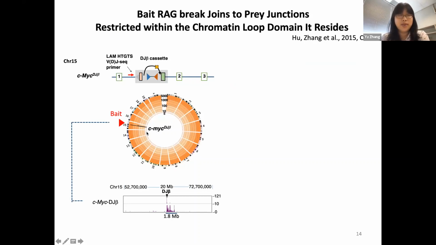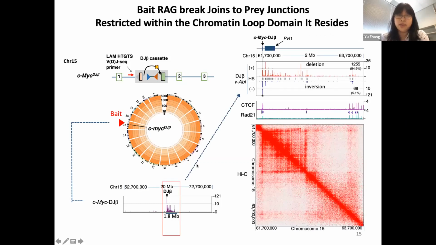And what we found is that the majority of the breaks were within chromosome 15, and a zoom in of this region showed that, interestingly, they look to be confined within a 1.5 megabase region near the CMYC. So we did a further zoom in of this region, and this shows the illustration of this region, and CMYC is here. And here is the HGTS profile for the RAG targeting activity.